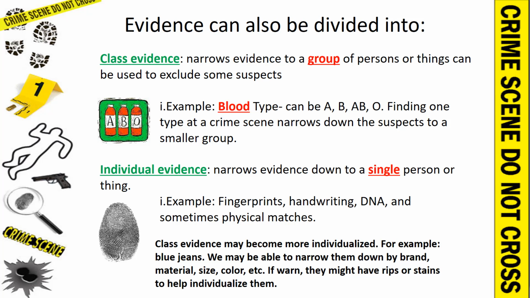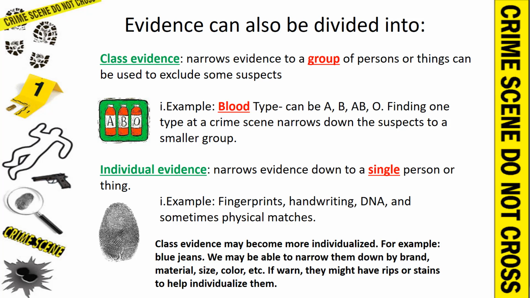There are 4 blood groups, A, B, AB, and O. If you have a couple of suspects, and one of them left blood behind at a crime scene and you tested it as type A blood, you now have a group of suspects. They have to have type A blood. So if you suspect somebody and you test their blood and they don't have type A blood, then you know you don't have the right person.